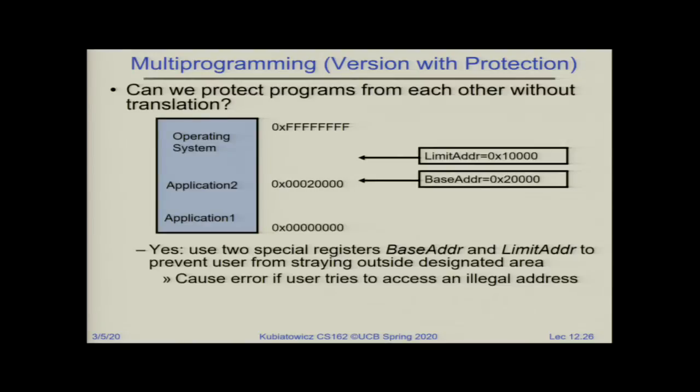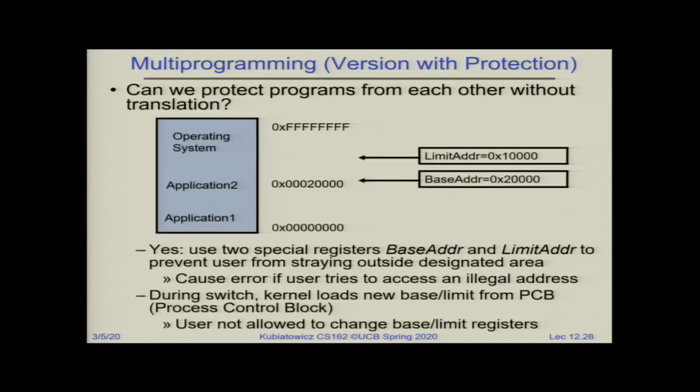Once you put a cage around the application, you have to make sure the application can't just change the cage and get out. That would defeat the purpose. And so when the operating system is switching or multiplexing things, it stores out the old limit and base and loads the new limit and base.